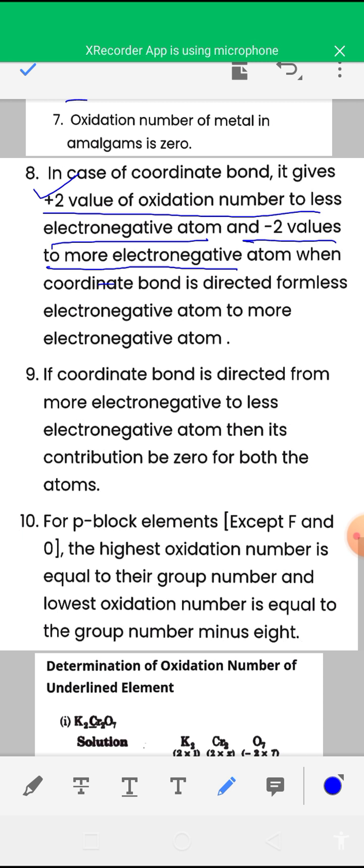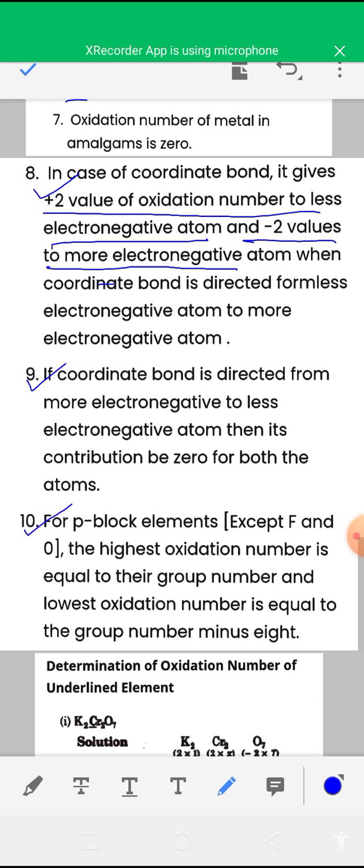But if coordinate bond is directed from more electronegative to less electronegative element, then its contribution will be 0 for both the atoms.